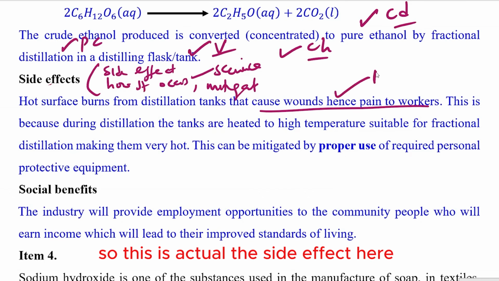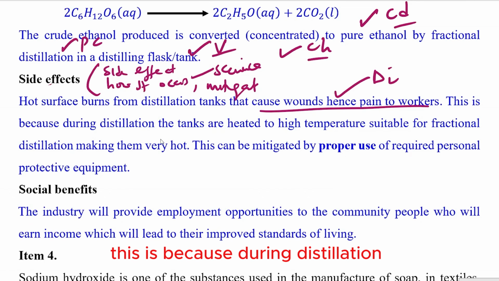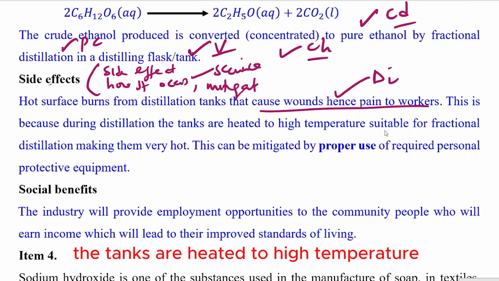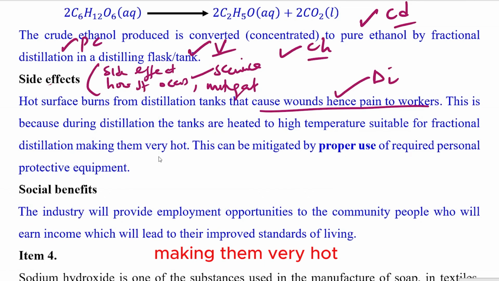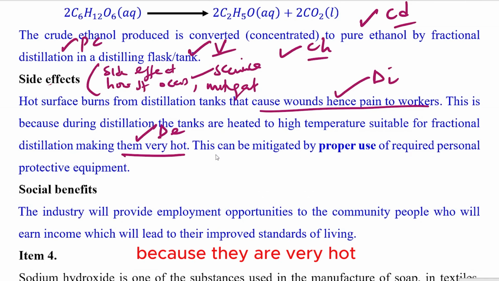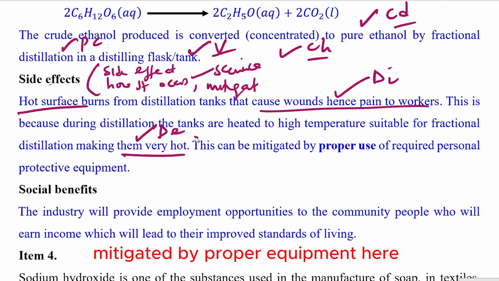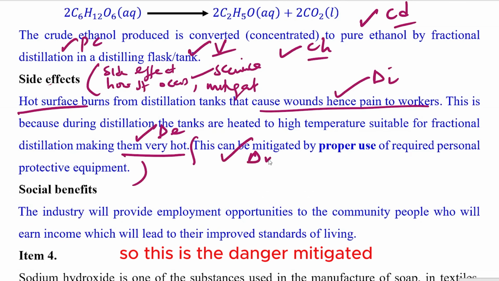So this is actually the side effect here. This is because during distillation, the tanks are heated to high temperature suitable for fractional distillation, making them very hot. This is the science behind them causing the burns, because they are very hot. Now, the burns are mitigated by proper equipment here. So this is the danger mitigated.